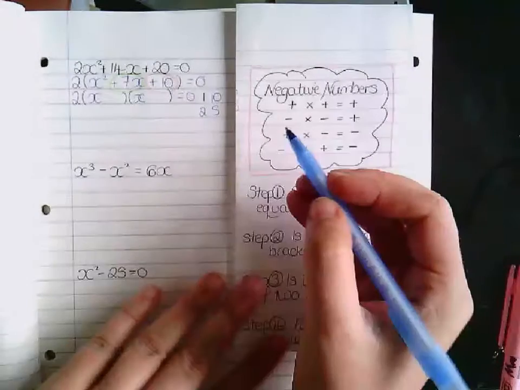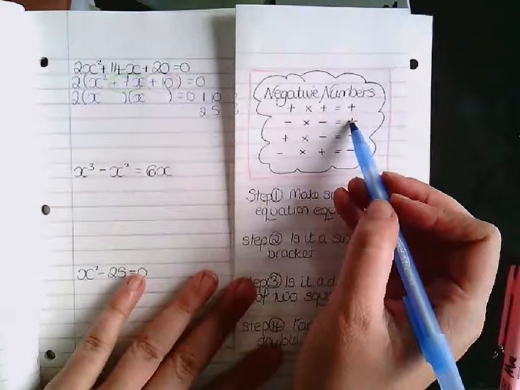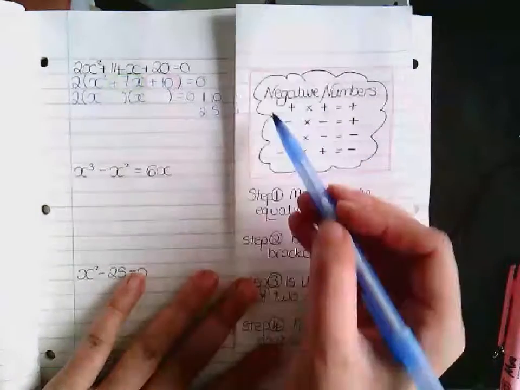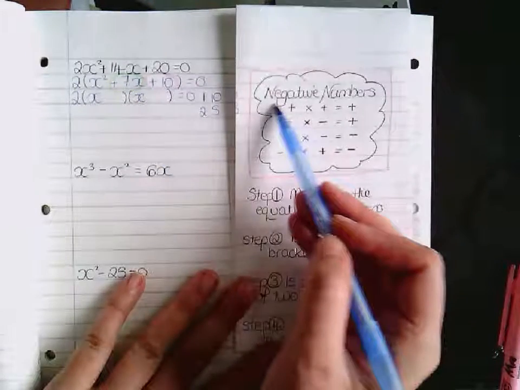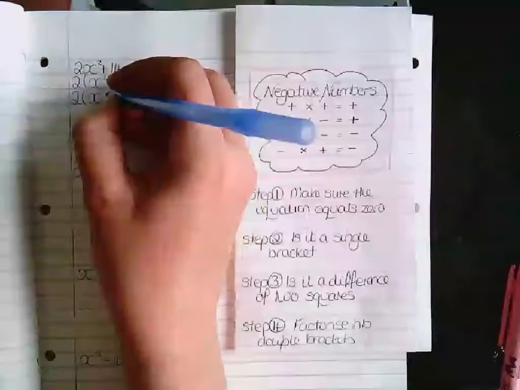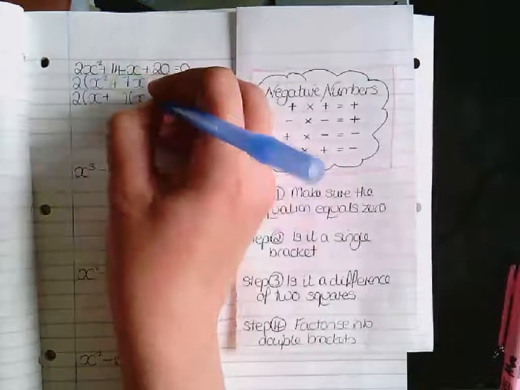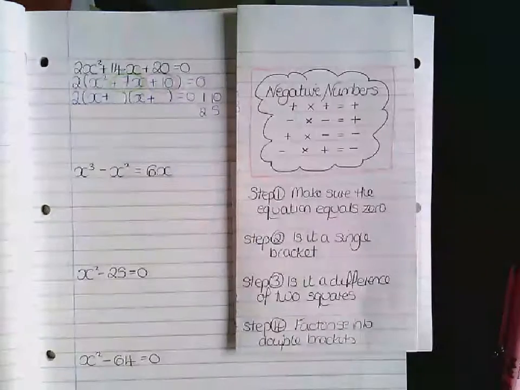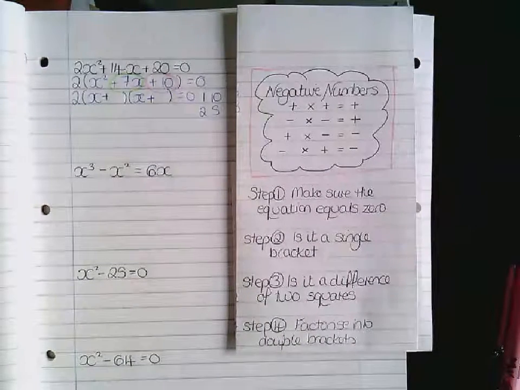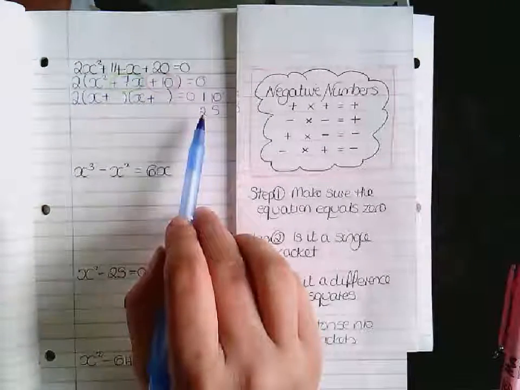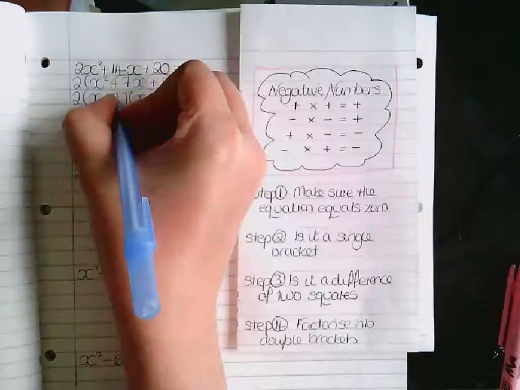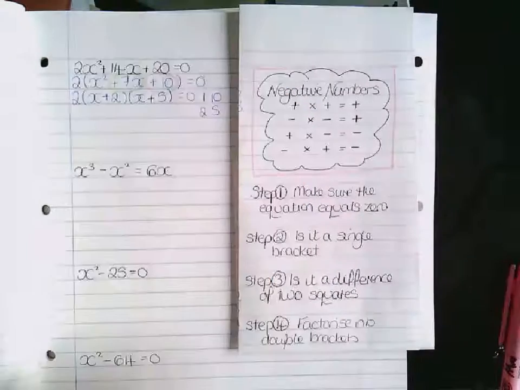I can see the numbers multiply to make a positive, and they will add to make also a positive, so I'm looking for plus and plus. Numbers that multiply to make 10 but add to make 7 will be 2 and 5. As the signs are the same, it does not matter which way round they go in.